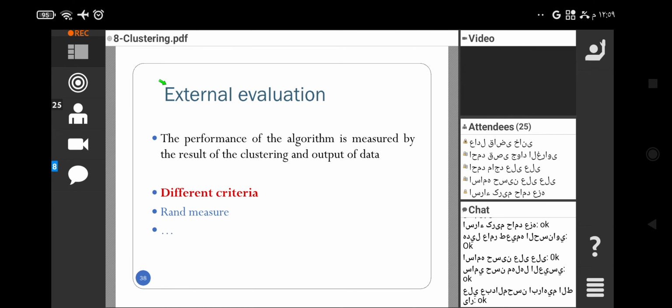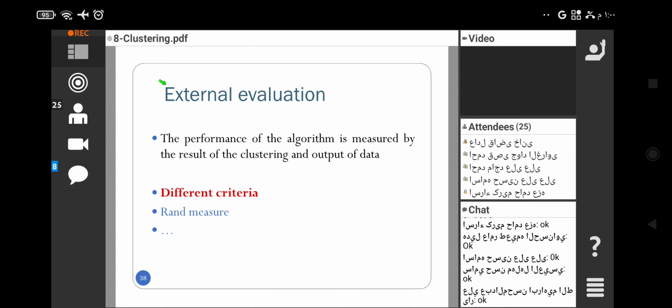Maybe a question for you: what does it mean that we have output in clustering? We don't have output in clustering. Yes, that's right, in clustering we don't have outputs, but this is just an experimental evaluation.